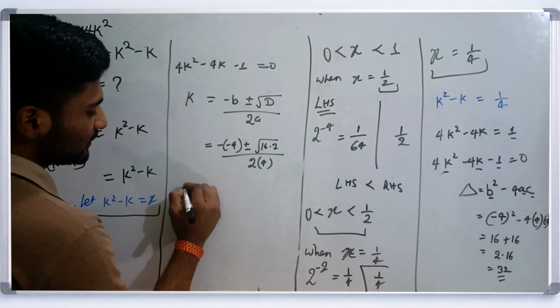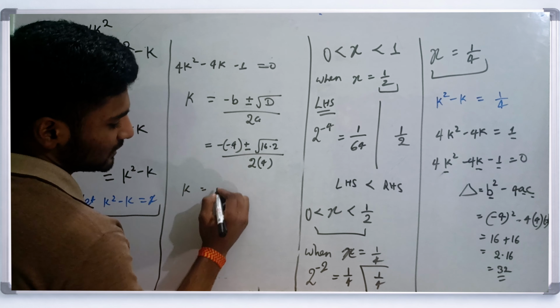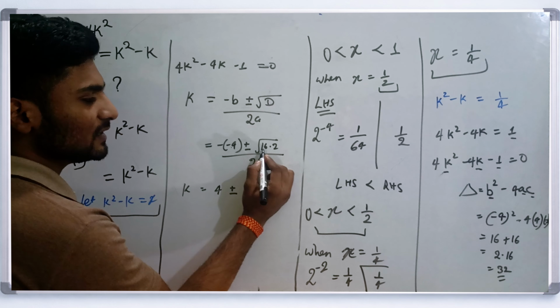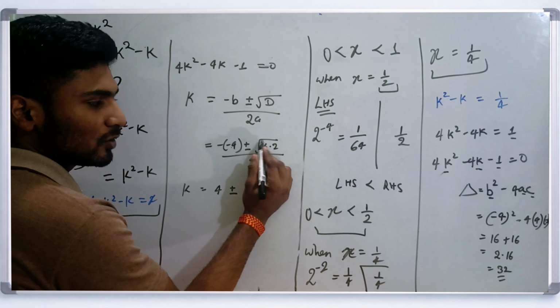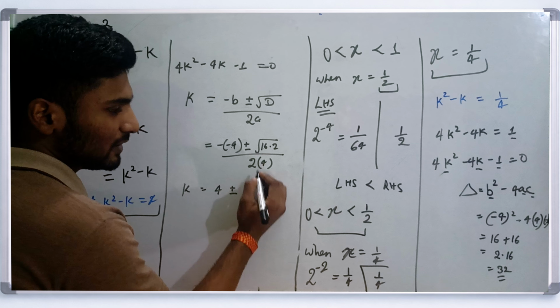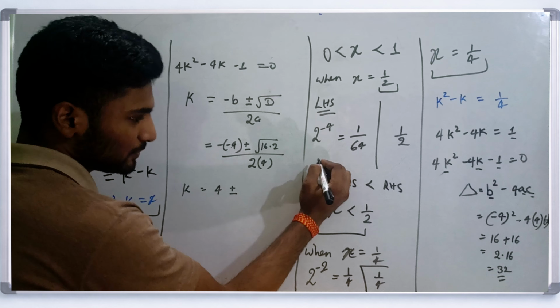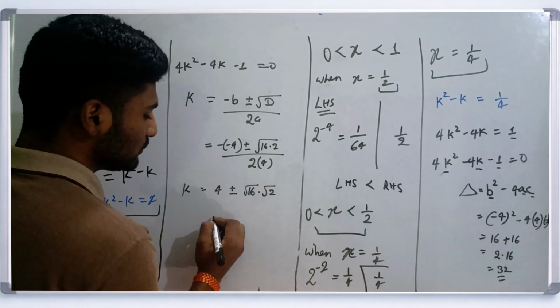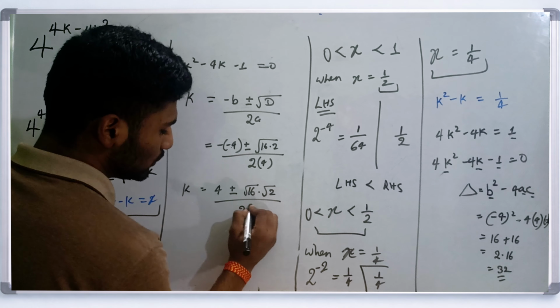So we are going to get k is equal to, minus and minus cancel out, 4 plus minus. From here we can see that it is in the form of root of a times b, and it is the same as root a times root b. So root 16 times root 2 over 2 times 4.